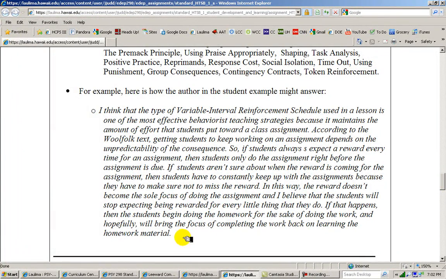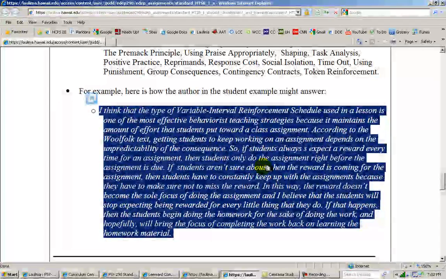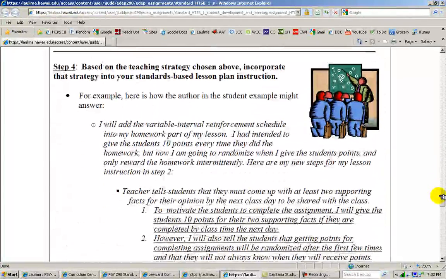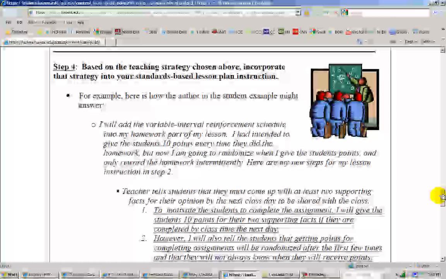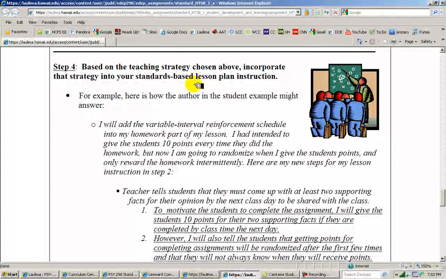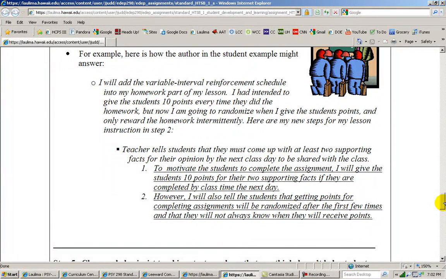So pick one and then talk about that, and then pick another one in step 4. And then put that new one into your actual standards-based lesson plan so you can incorporate another idea.